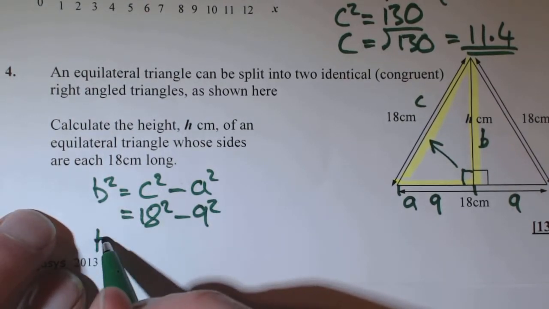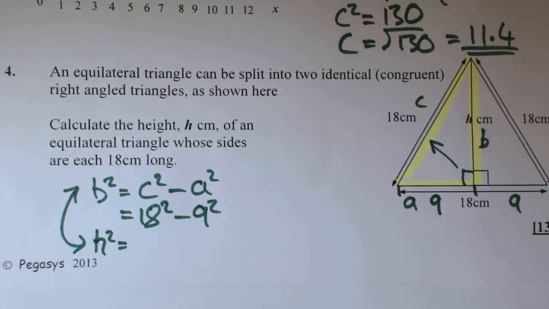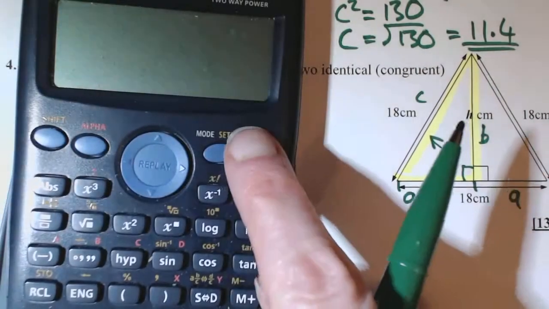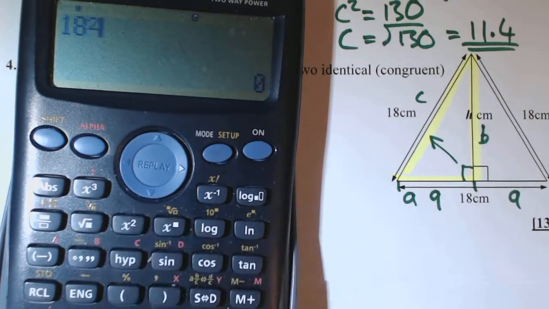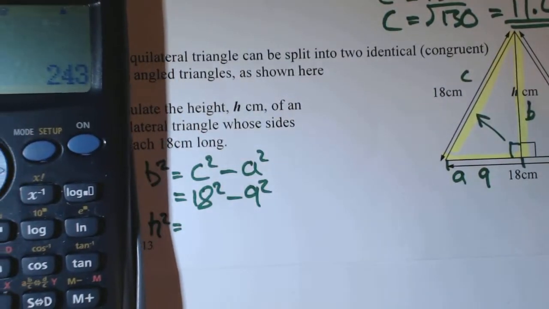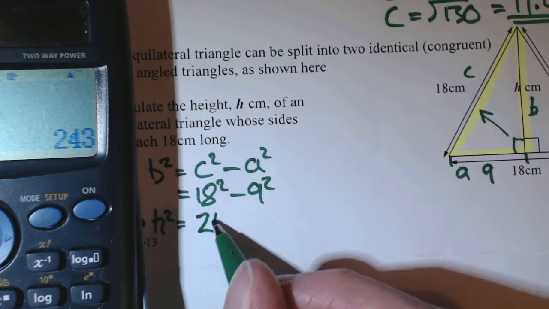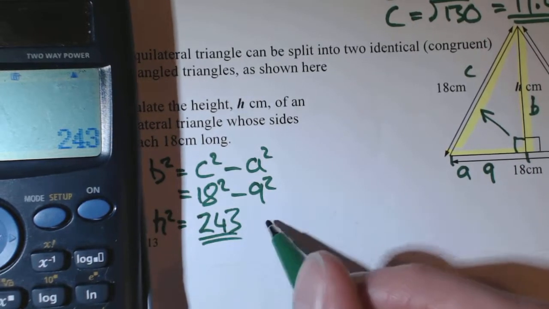So I'm just going to turn this into h squared, right? So b and h. Right, so what we've got is 18 squared, and then it's minus 9 squared. Again, these are all practice, okay? So what we've got is h squared is 243.